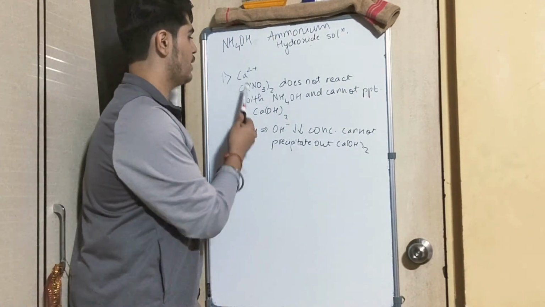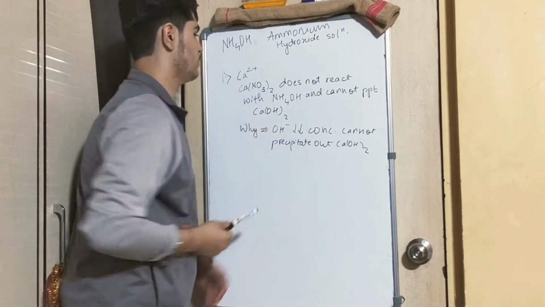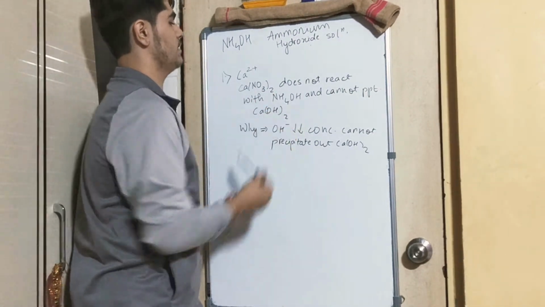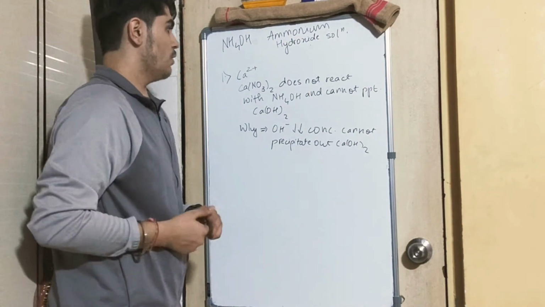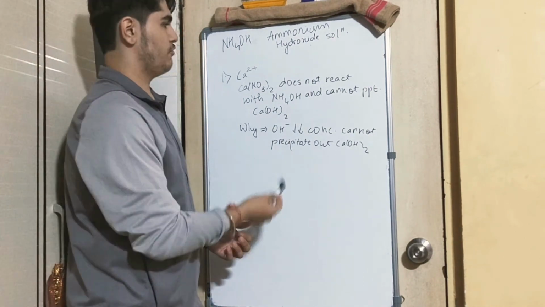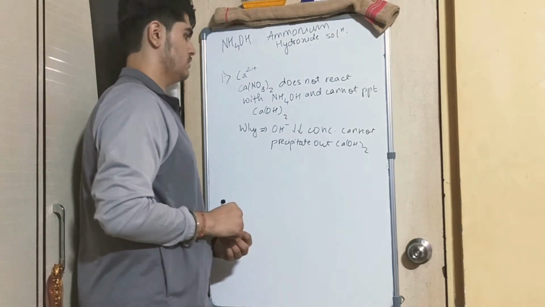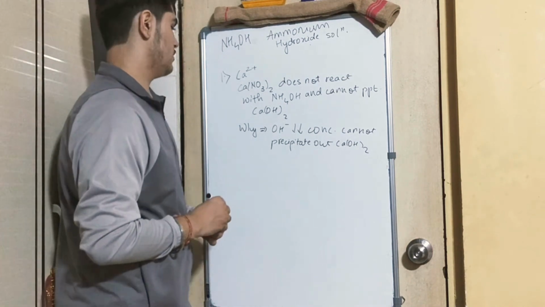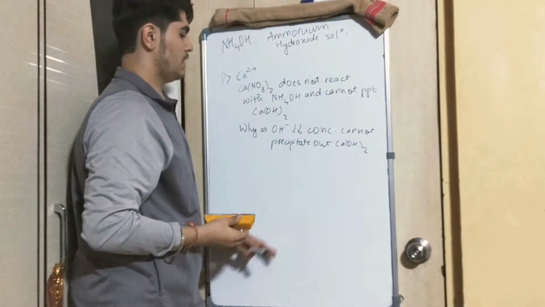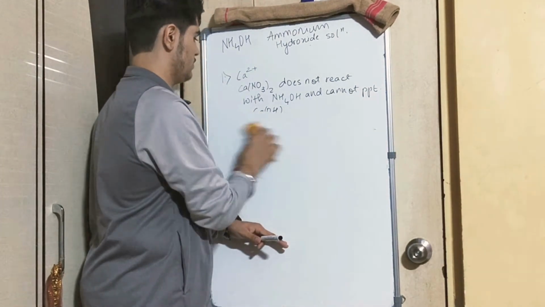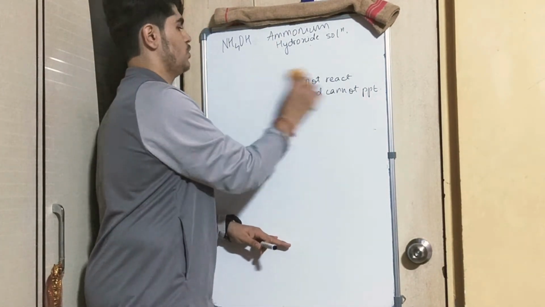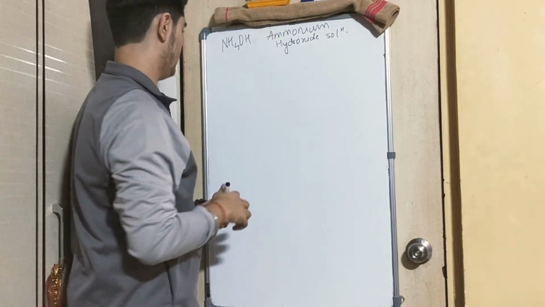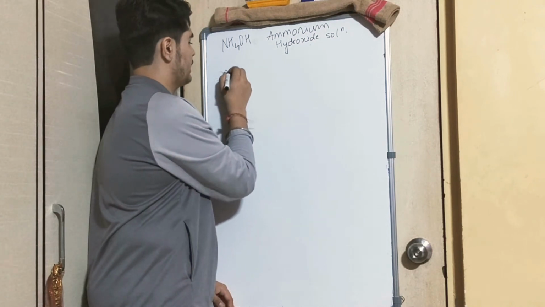This is the main reason why the Ca2+ ion or the Ca(NO3)2 salt does not react with NH4OH. Okay, getting it? This was a different phenomenon which occurred in analytical chemistry. So copy it down. We are going to the next ion. This is the only ion which does not react with NH4OH.